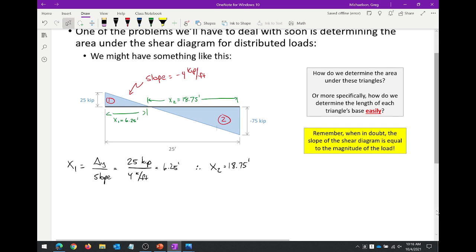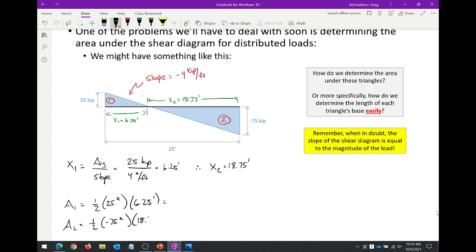All I have to do is say A1 is 1/2 25 kips times 6.25 feet, and area 2 is 1/2 -75 kips times 18.75 feet. I don't want this part to be a challenge on the next problem. Does that make sense? That's the idea.